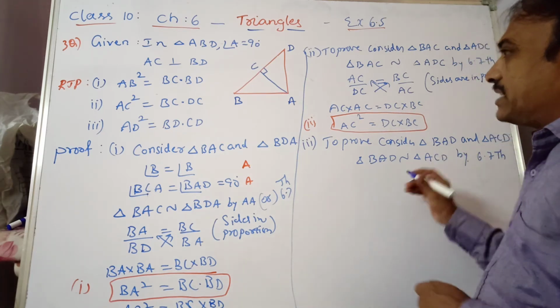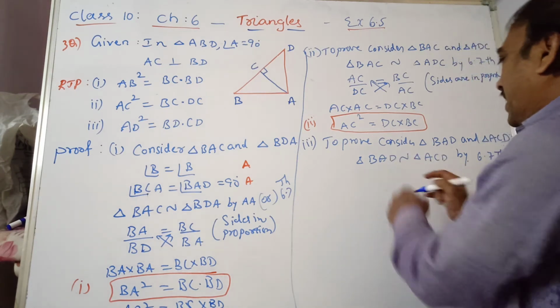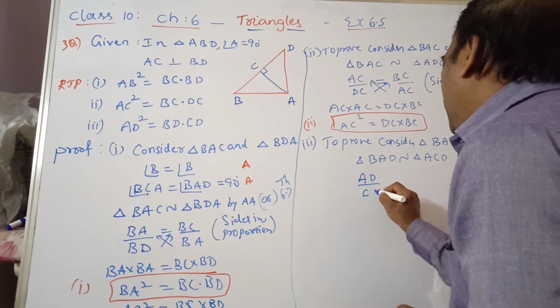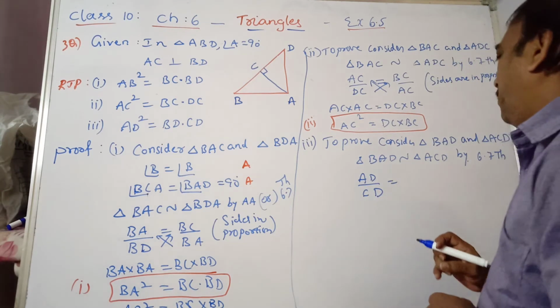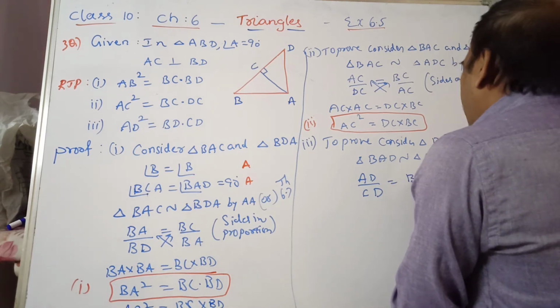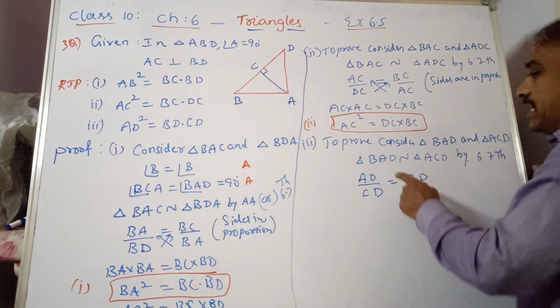Once the triangles are similar, their corresponding sides will be in proportion, that is AD by CD is equal to BD by AD, corresponding sides.